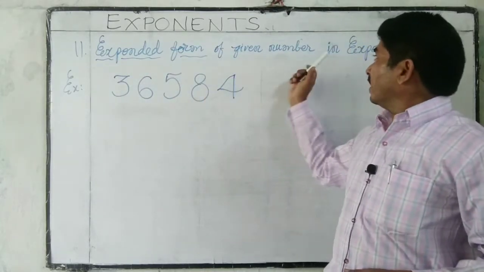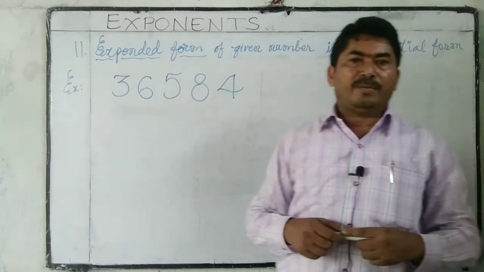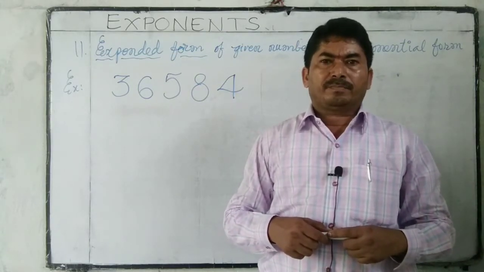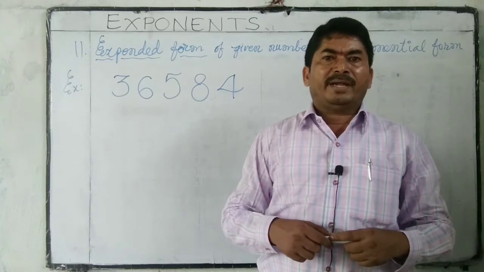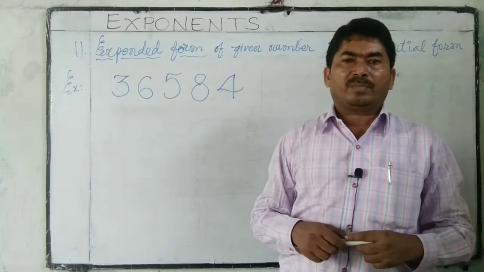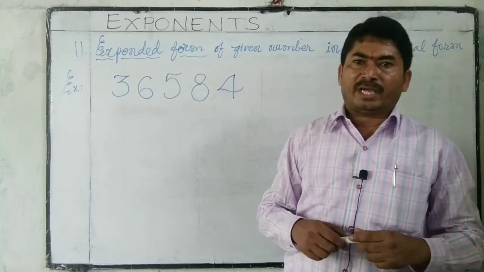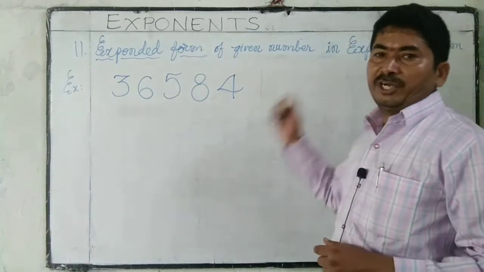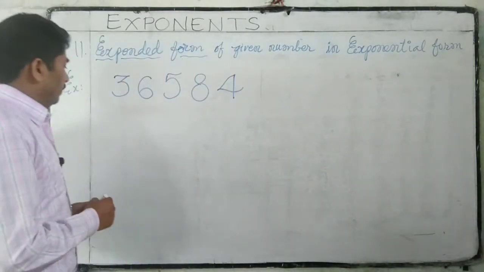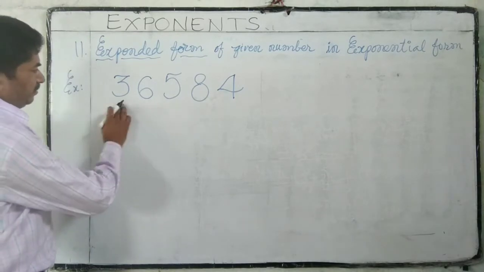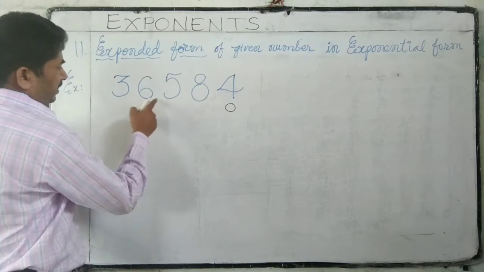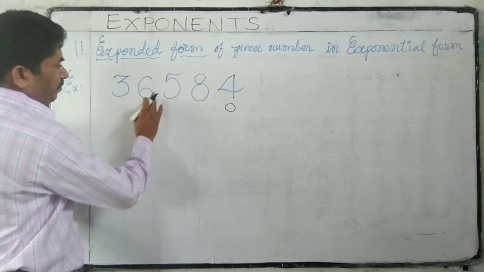Expanded form of a given number in exponential form. What is an expanded form? Number expanded by its places is called expanded form. But here we have to expand it in exponential form. To understand, here we have an example. Let us observe. 36,584.